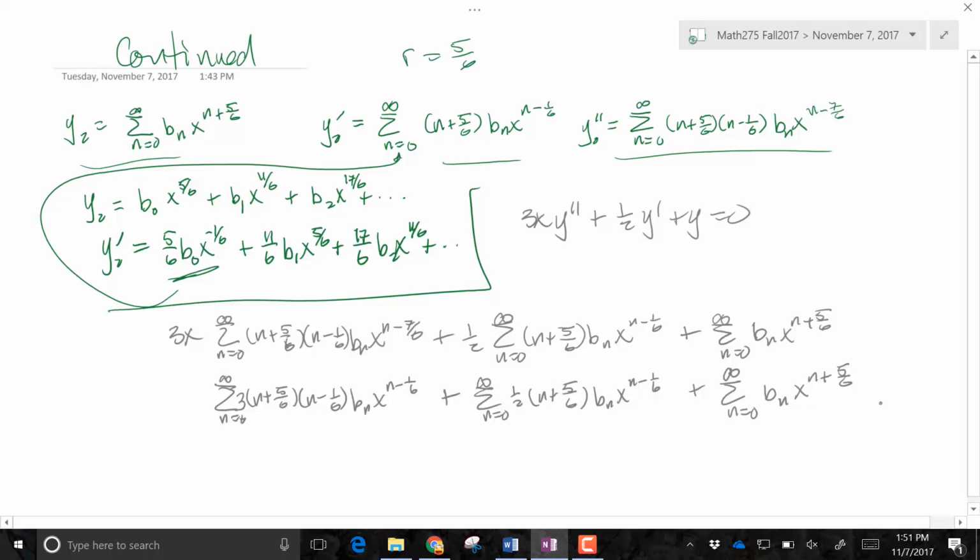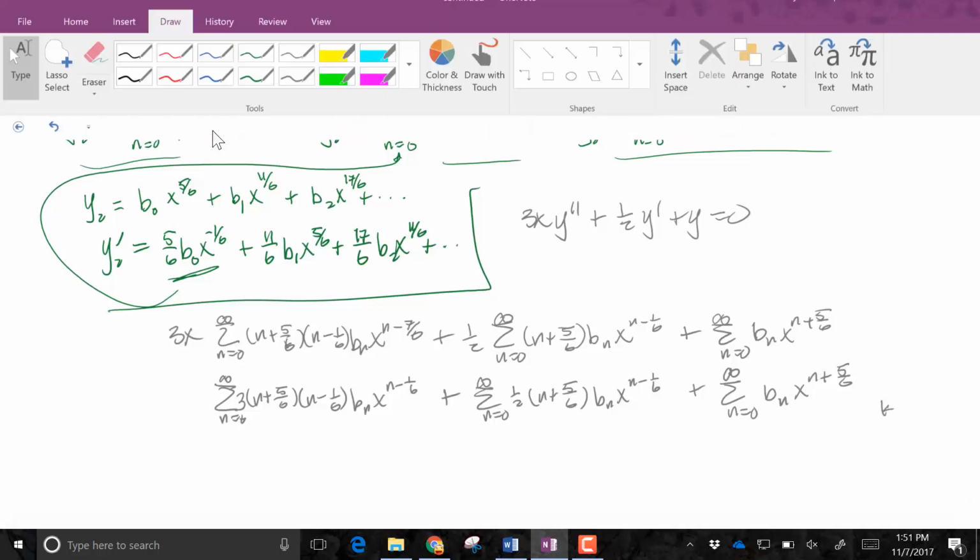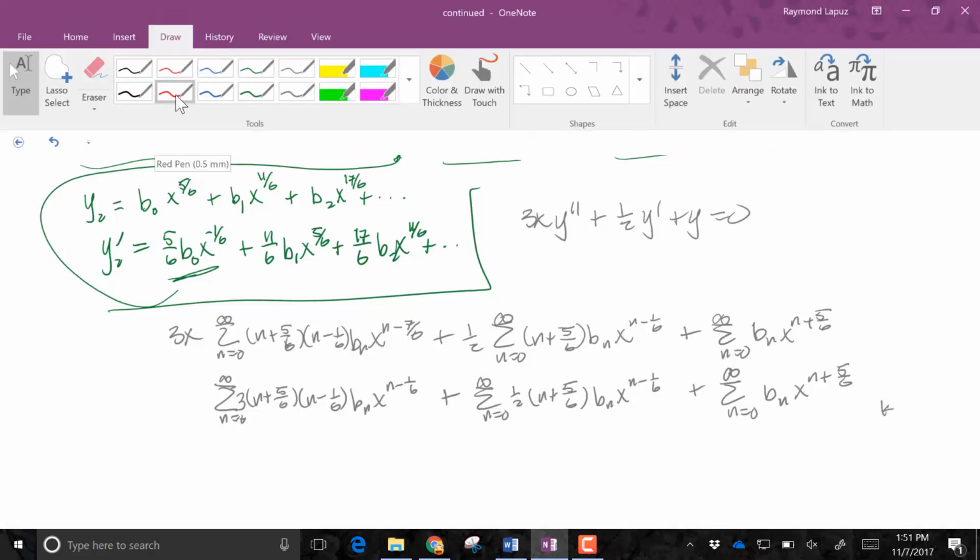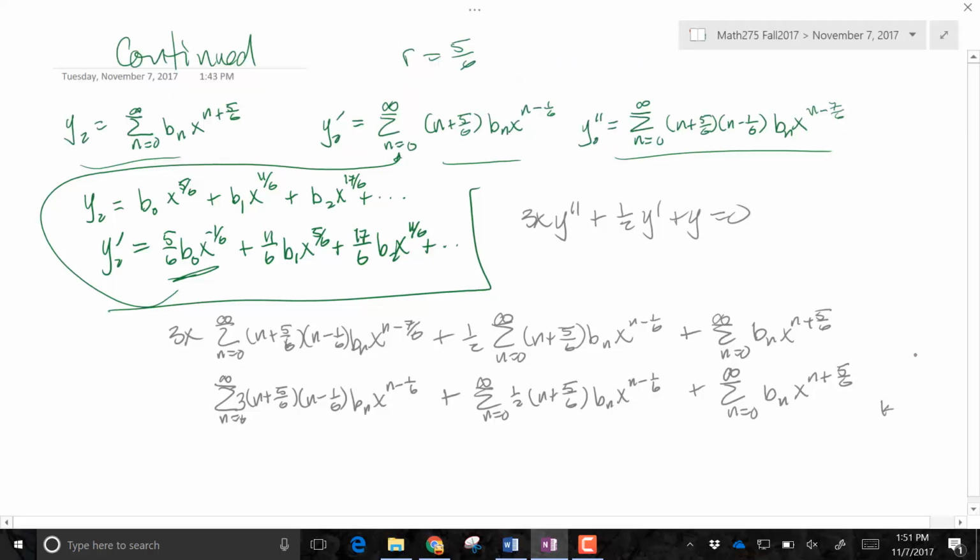So basically, we want our k here. We let our k equal to, what is it again? Say it again. K is equal to, okay.